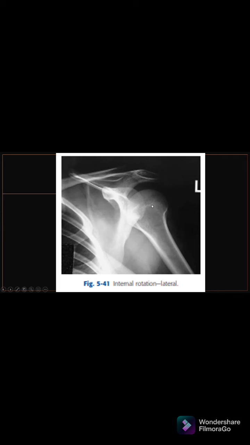Then ito naman ang greater tubercle, nasusuperimpose niya ang humeral head. So those are the factors na malalaman natin na naka-internal rotation ang patient.